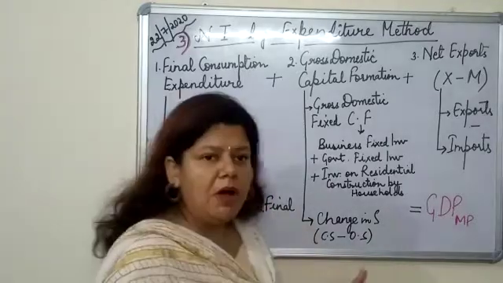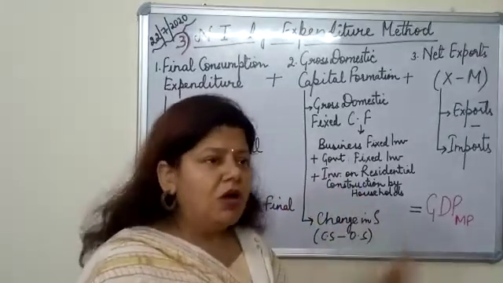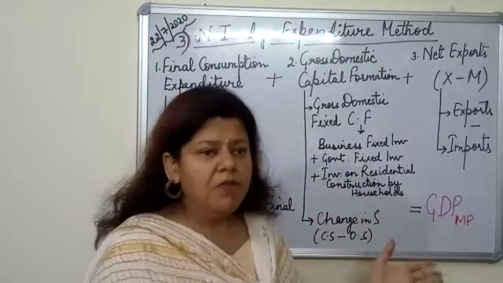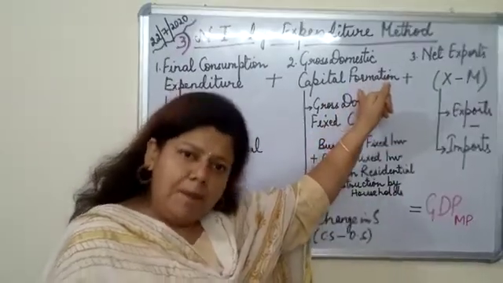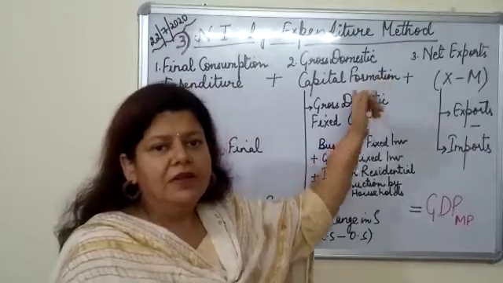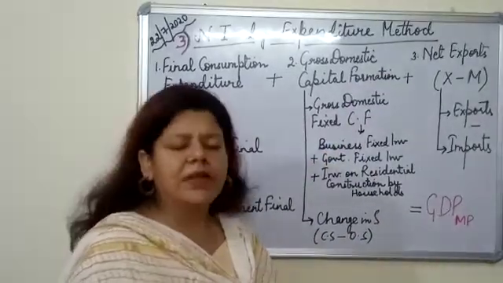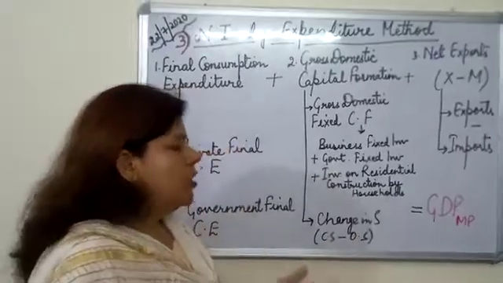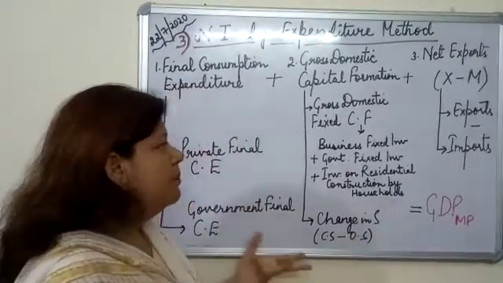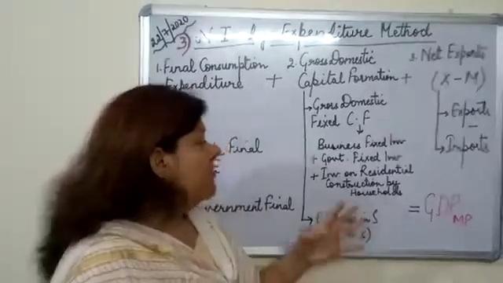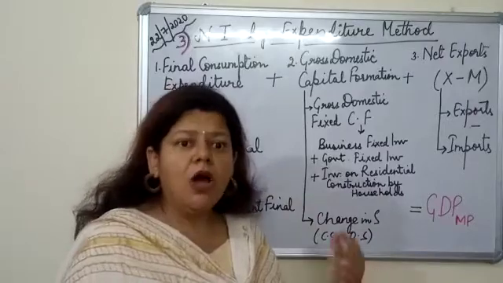Now when the government, the producers or the investors are investing, that means capital formation. As we have done, investment in turn gives you capital formation. Capital formation means buildings by residents, factories, assets, hospitals.